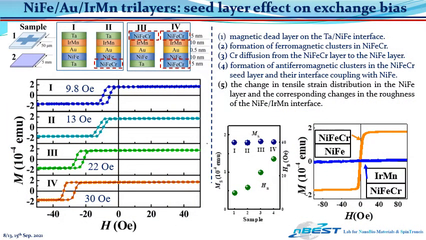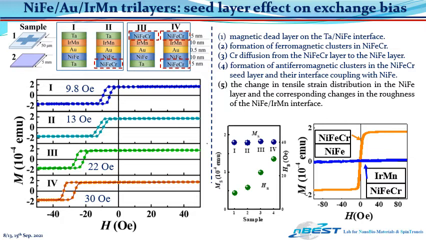The seed layer effect on the exchange bias. When we use nickel iron chromium instead of tantalum as a seed layer, there was an increase in the exchange bias, and it was revealed as a shift of the center of the hysteresis loop from zero to a specific point.